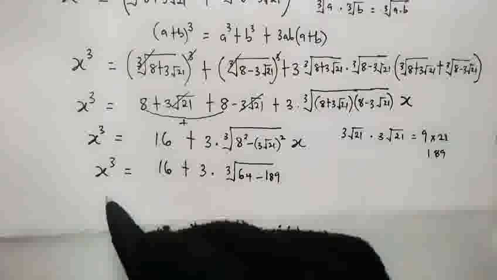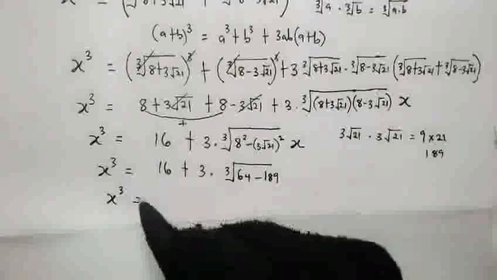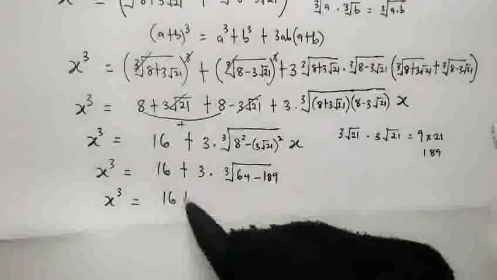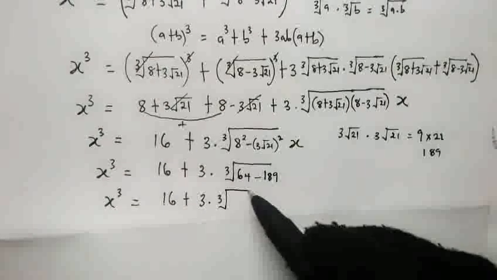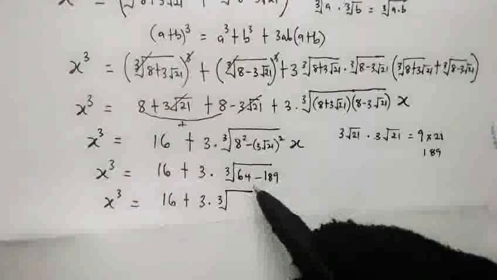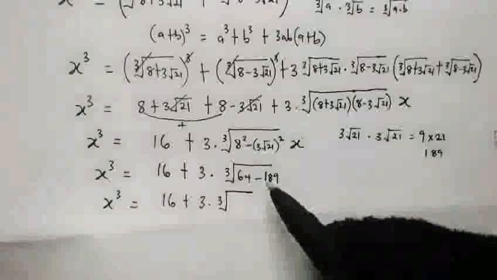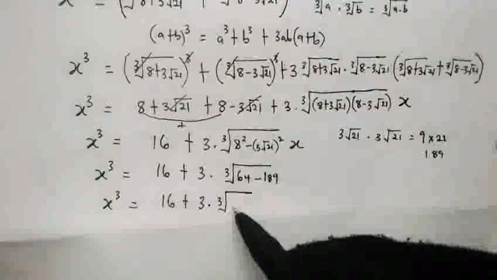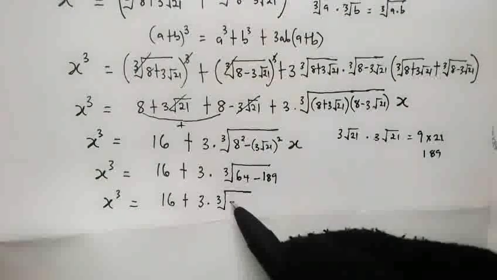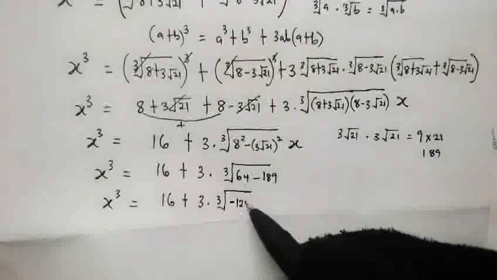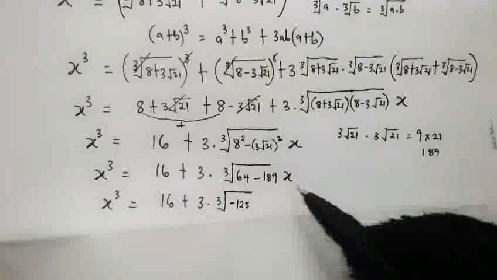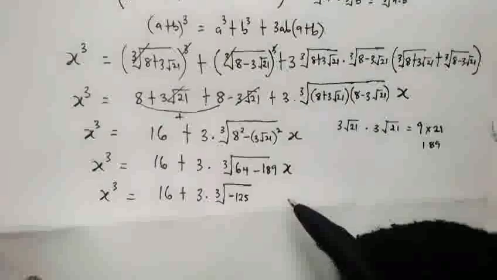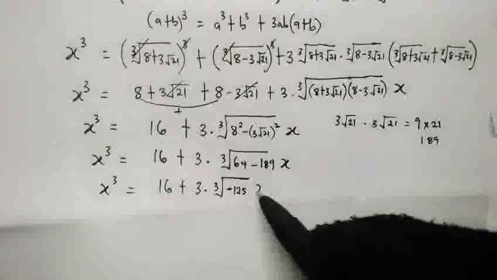So here we have x cubed is equal to 16 plus 3 times the cube root of 64 minus 189, that is going to give us negative 125, right? Do not forget that we have x here, so I'm so sorry for that. So then we have x.